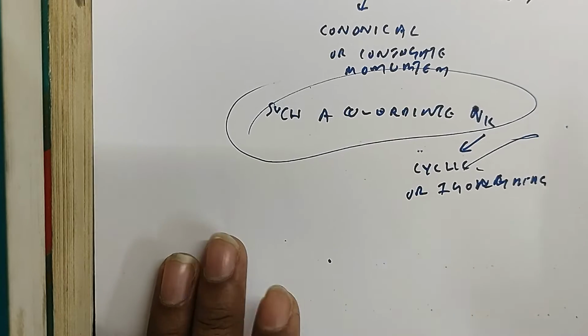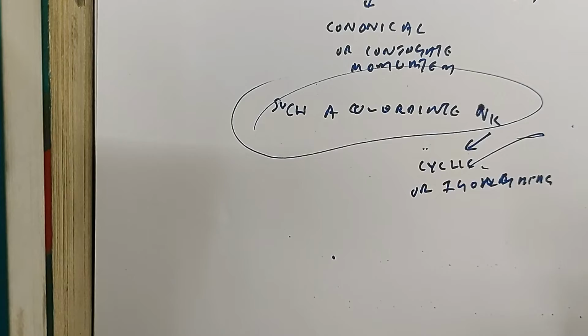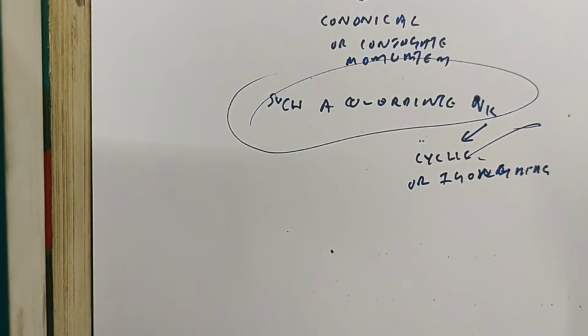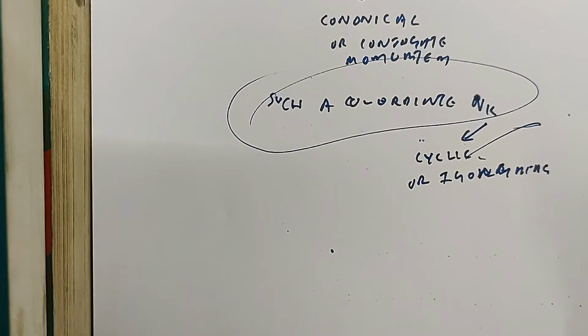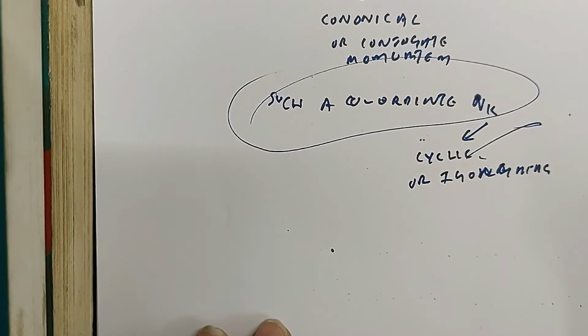Now, I'm not going to go into details, I'm going to state this. There should be a deeper relationship between what are called cyclic coordinates and the physical nature of motion of the system.